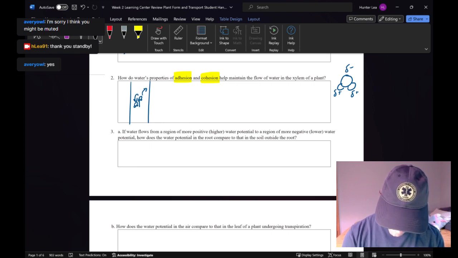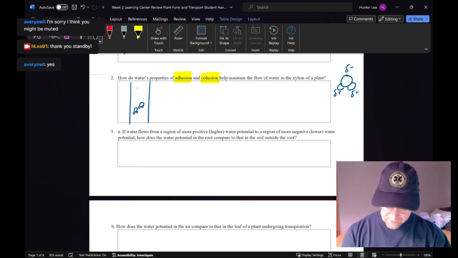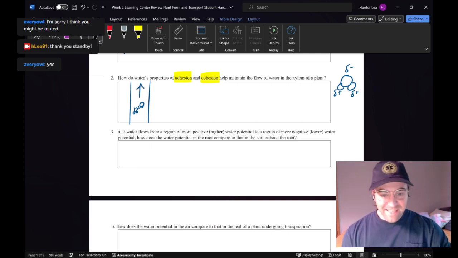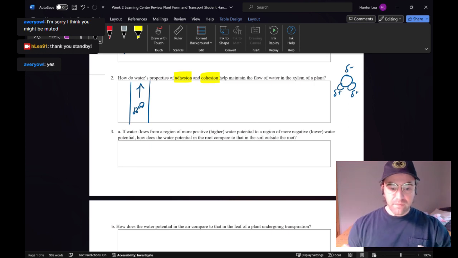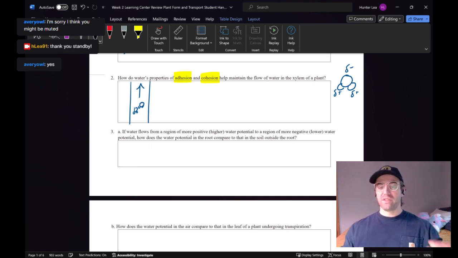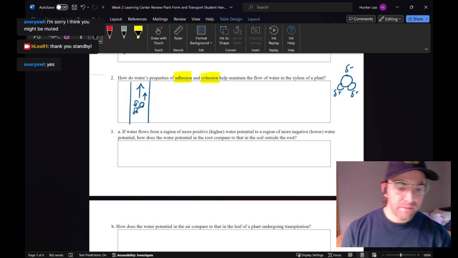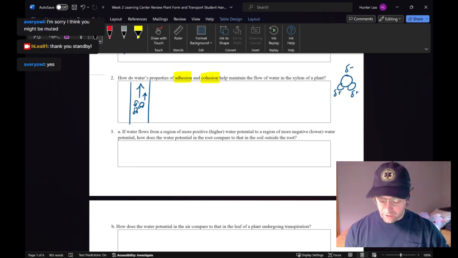No, it's not going to let me do that. Attracted to each other, also attracted to the walls. As negative pressure is introduced, it pulls the water up the xylem. Each water molecule pulls on the next molecule in the column. And so both molecules will go up. As a result, the entire water column rises.